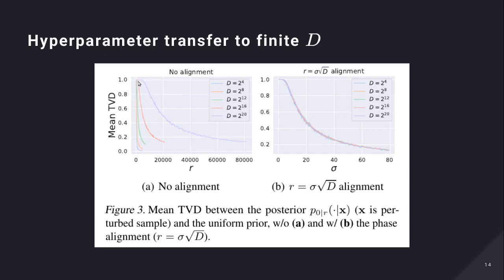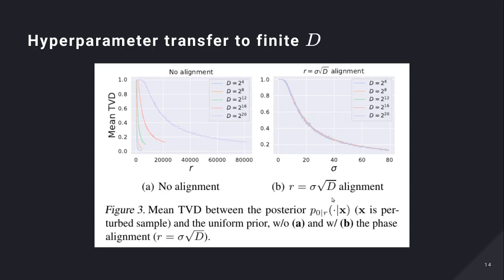They take some r for various values and look at what happens to the curve as you increase r, and it goes monotonically to zero, meaning you get closer to a uniform distribution.